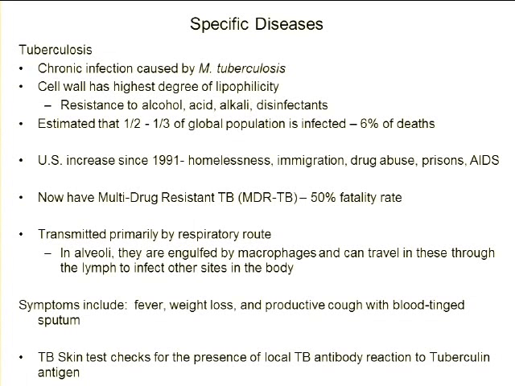Okay? 1 in 10 of these latent infections, meaning kind of dormant infections, will progress to an active tuberculosis disease. And again, if this is untreated, it can be fatal. Does that make sense?